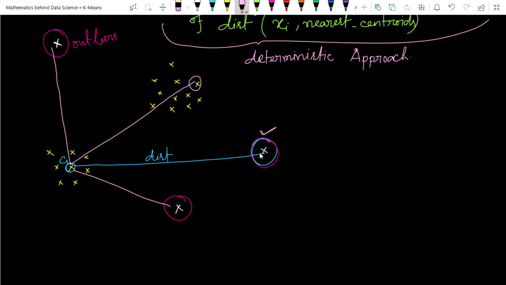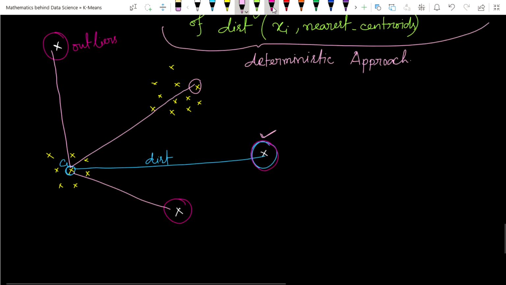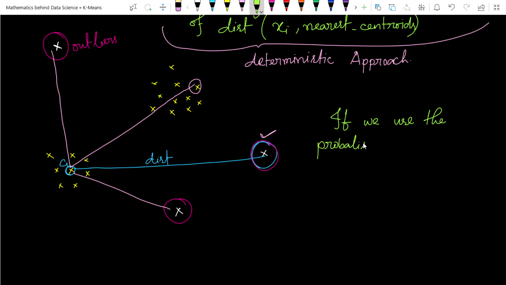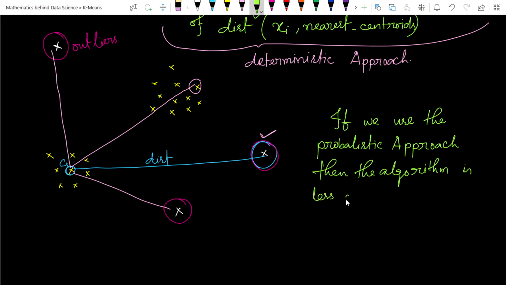Because if we use the probabilistic approach, then the algorithm is less outlier prone.